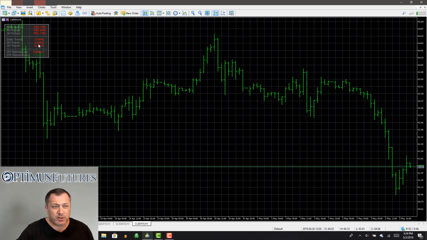We see that the 4-hour trend is down 1.69%, and the 1-hour trend has moved away from the exponential moving average by 0.5%. So we're definitely seeing here a possible trend change.